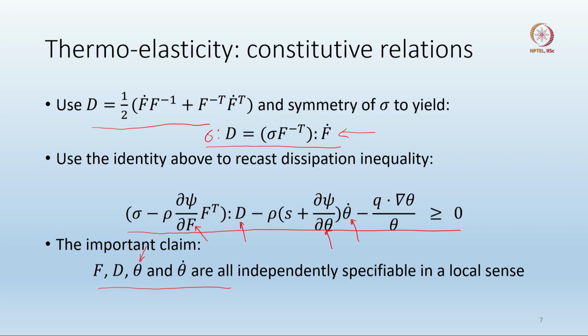It is the derivative with respect to x of deformation, it is also the derivative with respect to time of deformation. Theta dot is the derivative with respect to time of theta. So these are all derivatives in some way or the other. Other than theta, f, d and theta dot are all tangent space quantities.